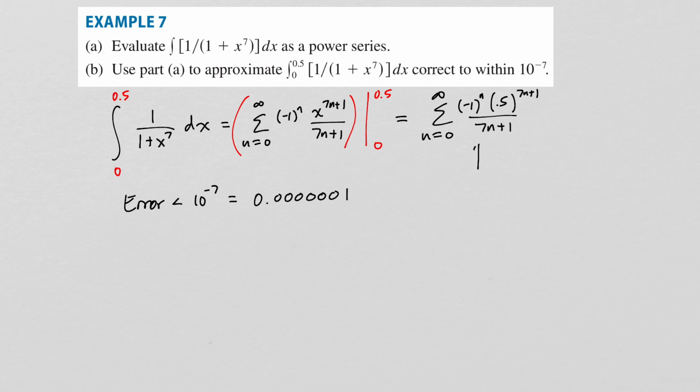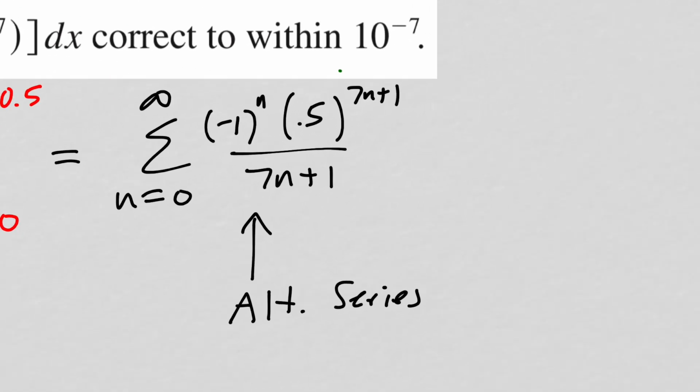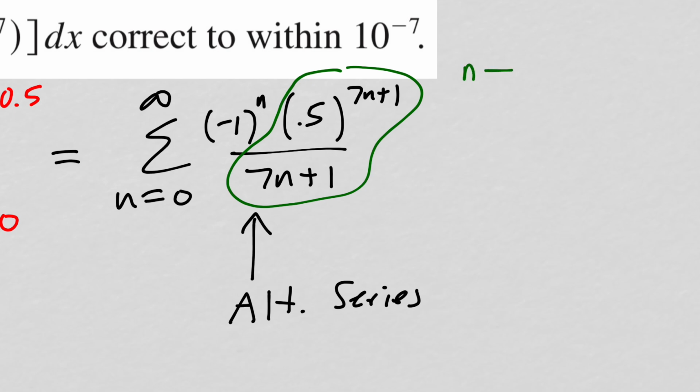Well, notice that this series is an alternating series, and it converges by the alternating series test. And we know that in an alternating series, the absolute value of the error is always less than or equal to the n plus 1 term. Well, the n plus 1 term is this term here with n being substituted with n plus 1.